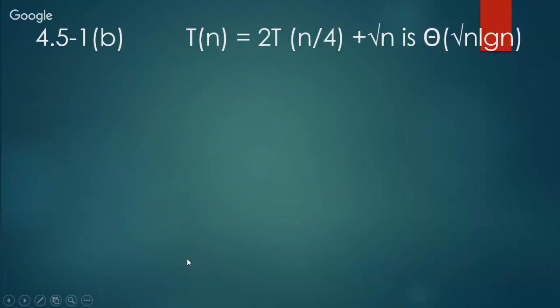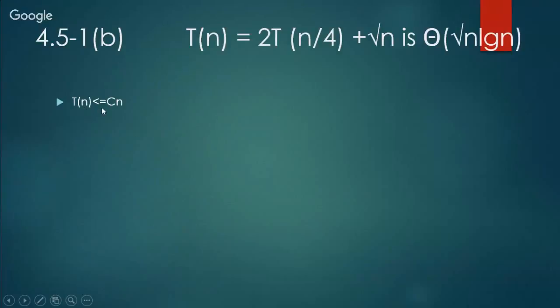Our second question is to test the same recurrence equation but using the substitution method. I tried this out, and this is my solution. Again, we show that the solution for this recurrence is theta of square root of n log n.